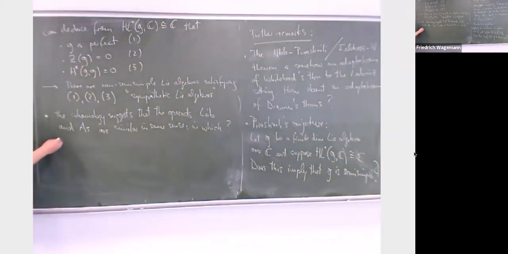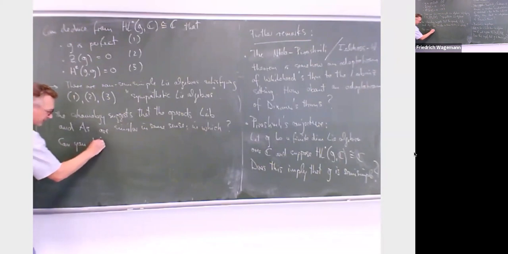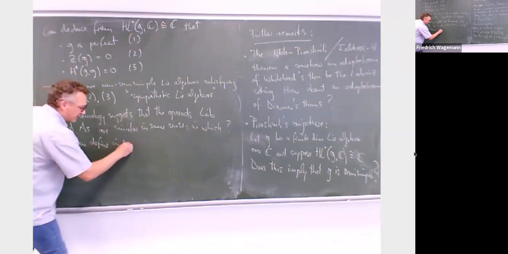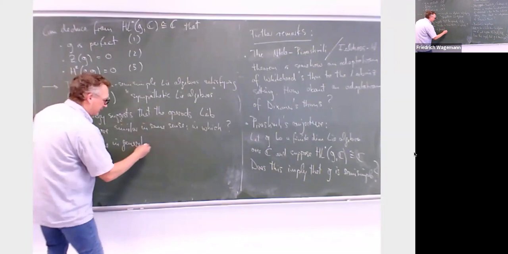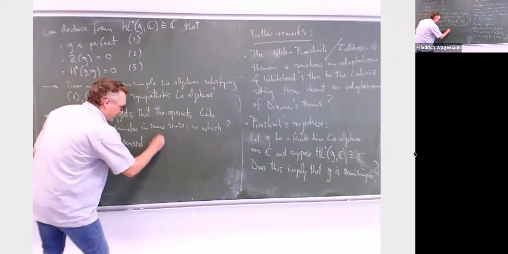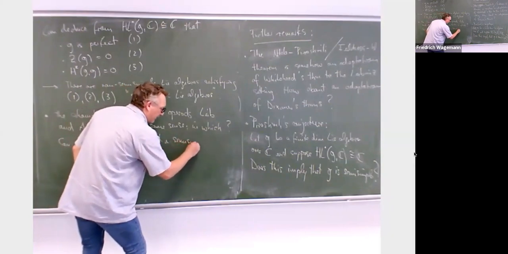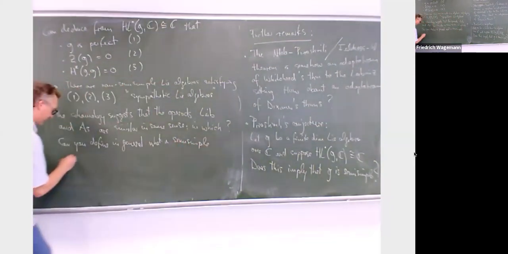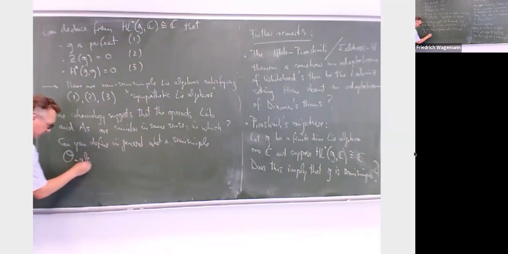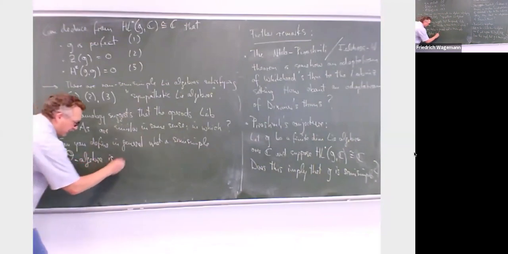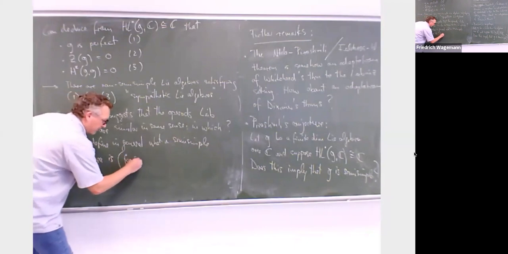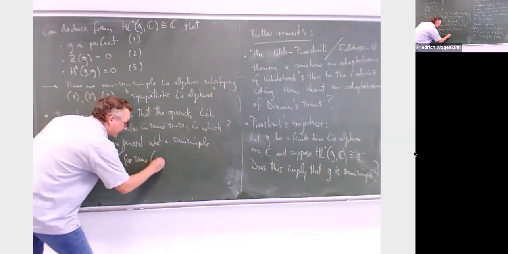And another problem in the operadic setting is to say, can you define in general what a semisimple O-algebra is, maybe quadratic or not.